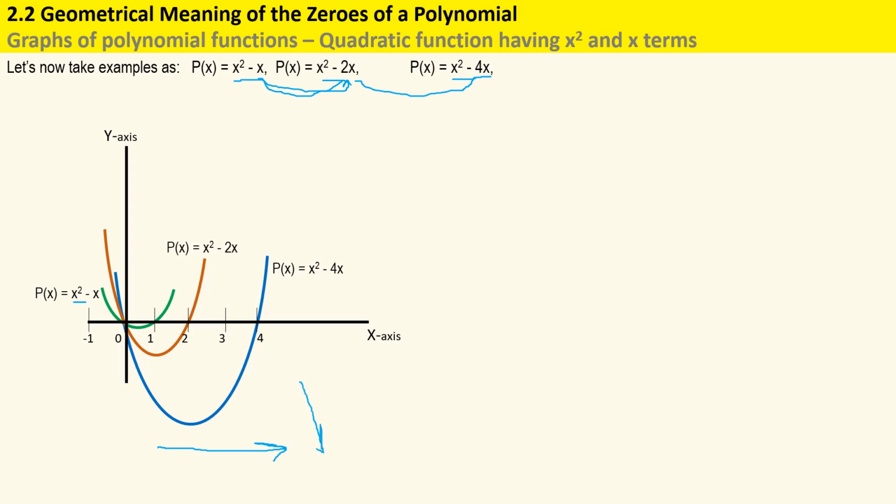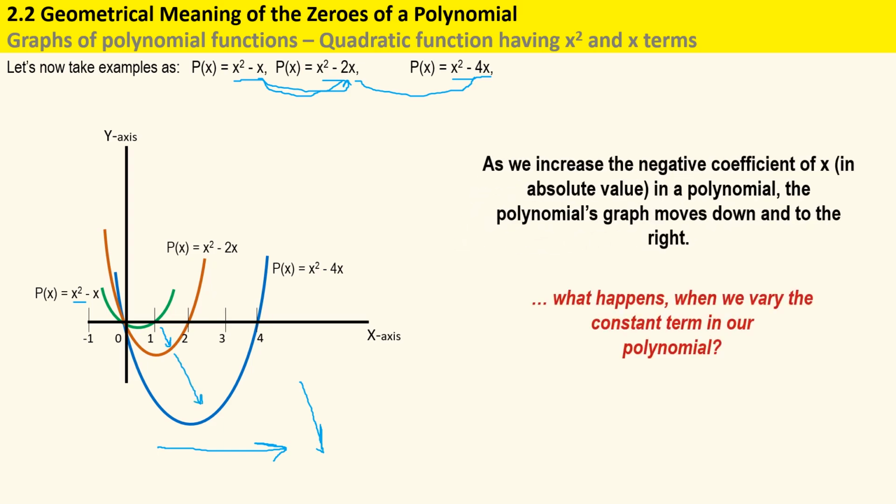So you see green is becoming brown, and then the brown is becoming blue here. So we can say that as we increase the negative coefficient of x, in absolute value, in a polynomial, then the polynomial's graph moves down and to the right. Here if you see, the graph is moved to the right, and it is also moved a little bit down.